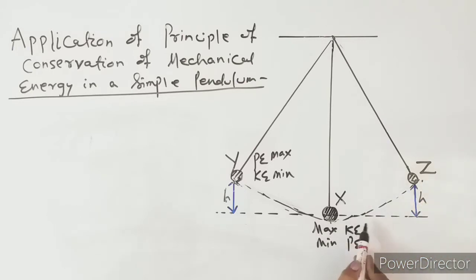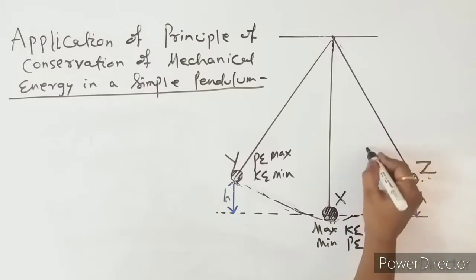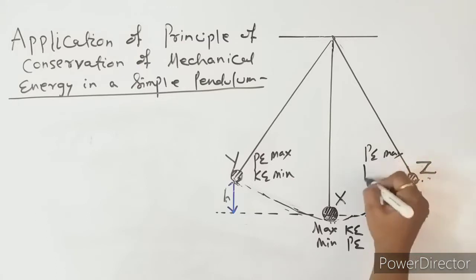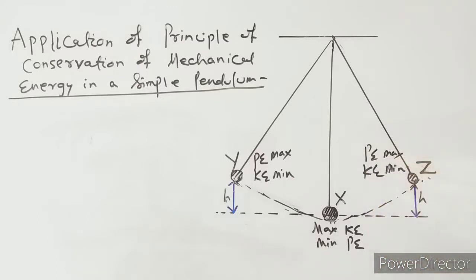Again the same thing: when it is going from x to the z position, the height gradually increases and velocity gradually decreases. Here the entire kinetic energy from the x position is converted to potential energy at the z position. Okay, so at the z position we have PE maximum and KE minimum.